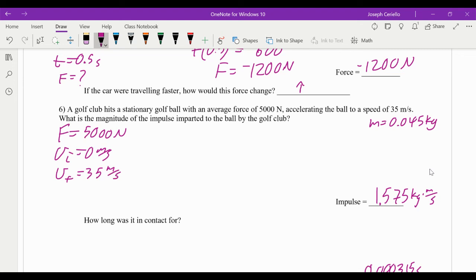Okay, so again, impulse is change in momentum or force times time. So looking for J. Well, I can't use force times time because I don't know the time, but what I can do is I can use change in momentum.